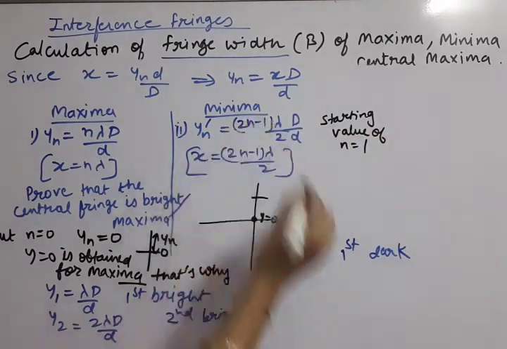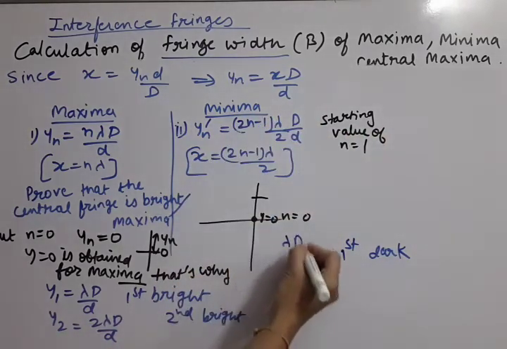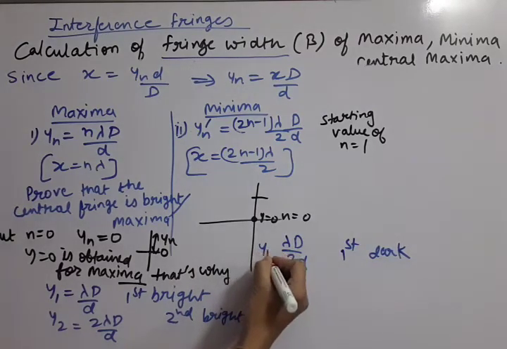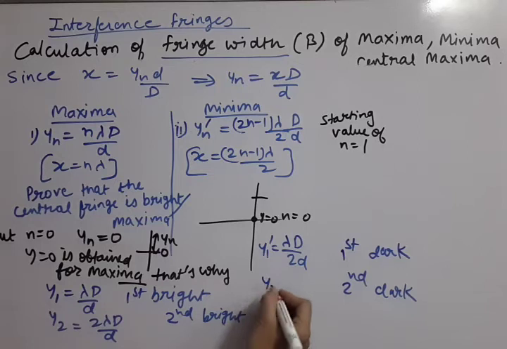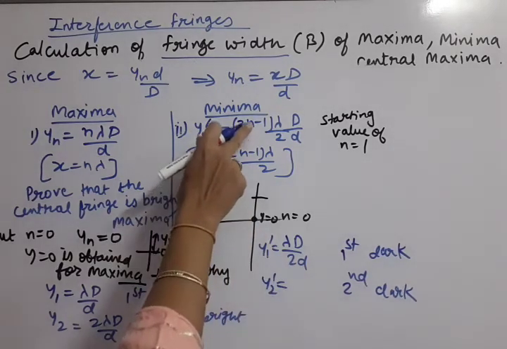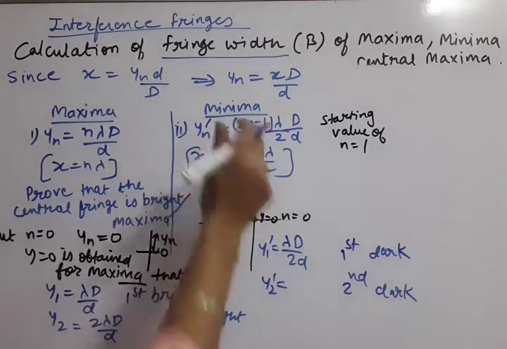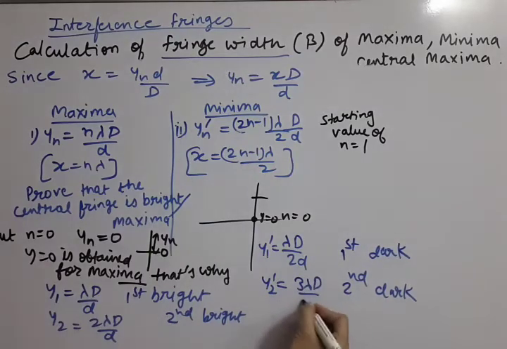So it will become 1 lambda D by 2d. I am calling it y1 dash. For the second dark, second minima, y2 dash, I have to put n equal to 2. So 2 twos are 4 minus 1, 3 lambda D by 2d.